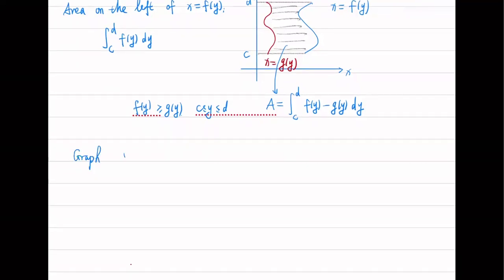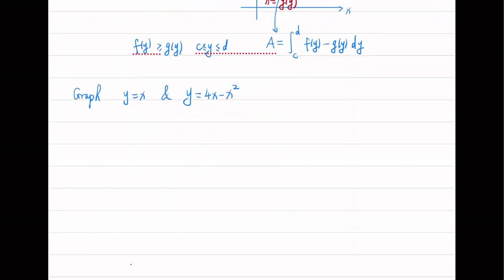Graph the following: y equals x and the second function. What's the graph of the first function?